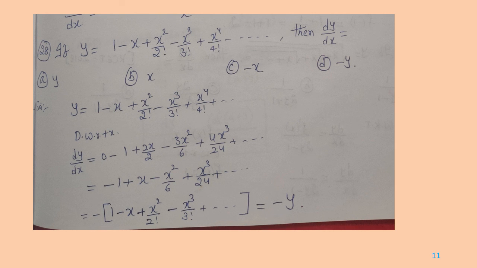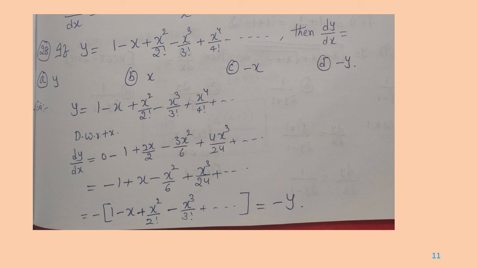So now we have learned the same kind of problem. If y equal to 1 minus x plus x square by 2 factorial minus x cube by 3 factorial plus x power 4 by 4 factorial minus etc., then dy by dx equal to. Now we take the value of y.